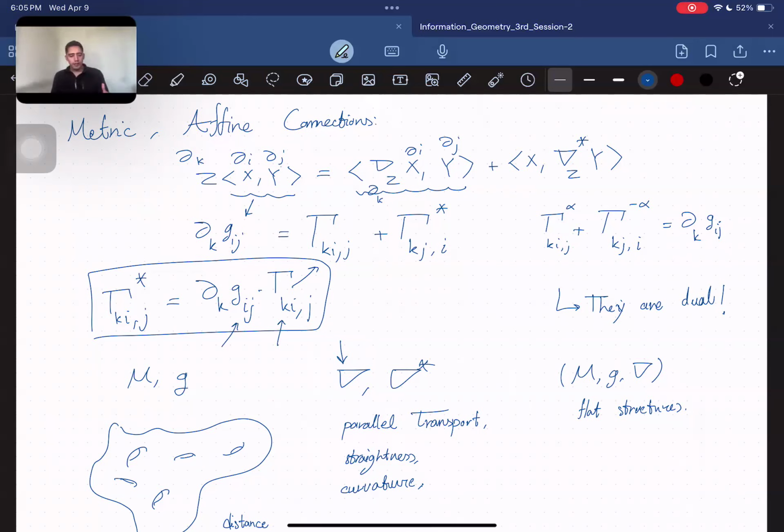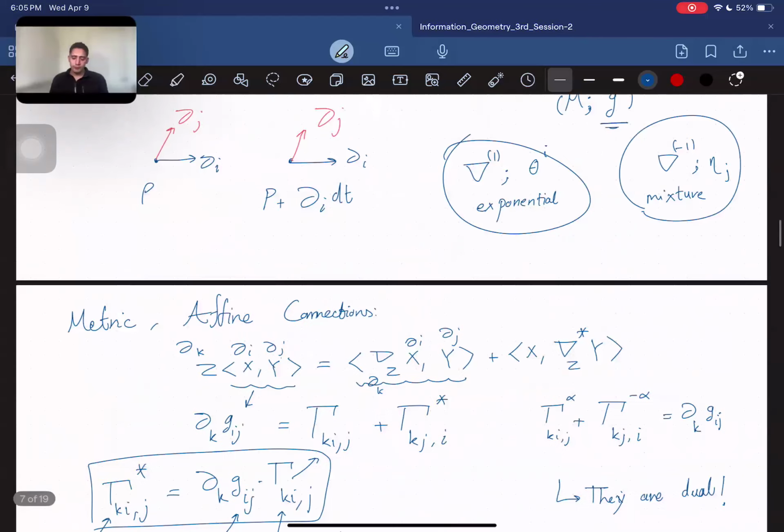So we end up with n to the power of 3 numbers, which are smooth with respect to changing the point p. So if you give me a connection and a Riemannian metric, I can come up with a dual connection. And this thing is preserved.